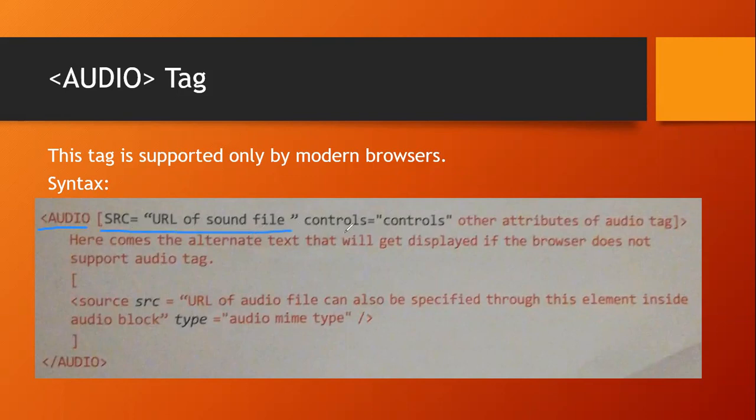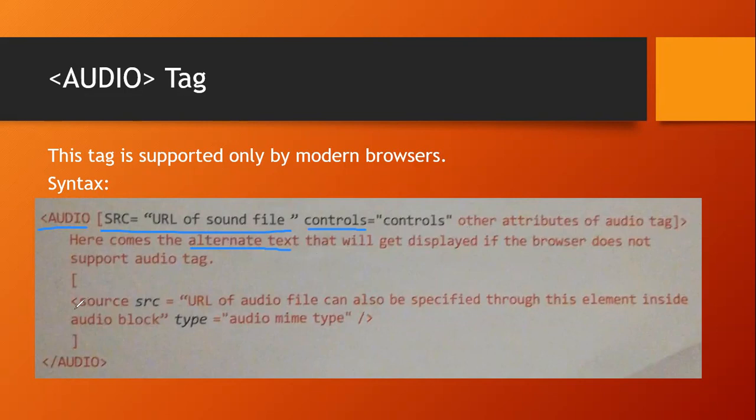Then we have controls. If controls attribute is written, it means it will show controls for audio, for playing the audio on your web page. After this, we can use some alternate text that can be displayed if the browser does not support audio tag.